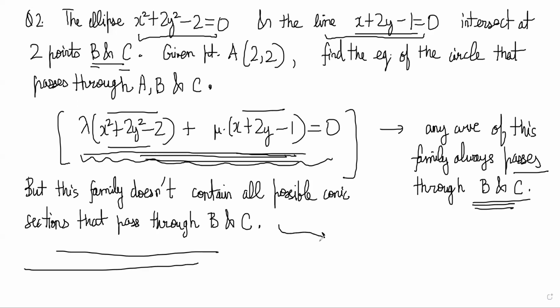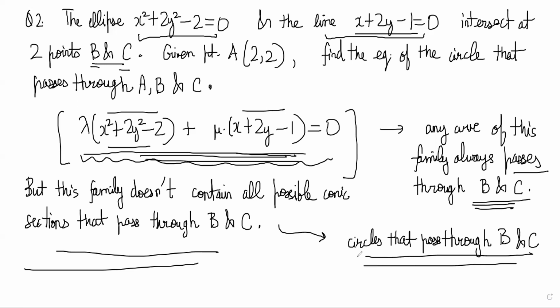For example, there could be circles that pass through B and C. You could draw circles that go through B and C, but you will realize that any circle definitely doesn't follow this equation. Why? Because the coefficients of x square and y square are not the same.